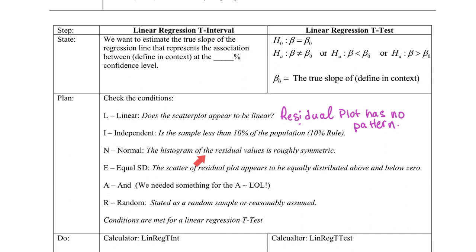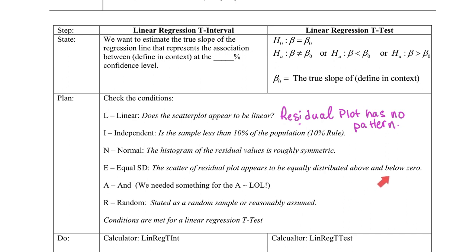Normal: the histogram of the residual values is roughly symmetric. Wow, we have to make a histogram of our residuals. Now, don't panic. You're probably not going to have to do this on your own. This should be something given to you on the AP exam. Let's see, equal standard deviation: the scatter of the residual plot appears to be equally distributed above and below 0.